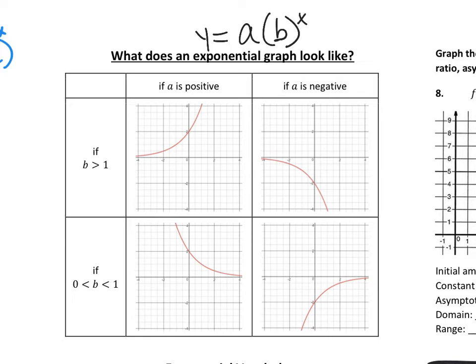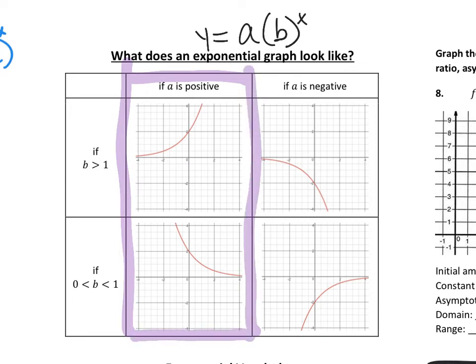2 of them are more popular than the other 2. These first 2, where a is positive, are the ones you're going to see most often because they actually happen in real life. The other 2 are a possibility, so we're still going to talk about them, but they won't happen as often in real life. What we need to know is, if the a is positive, what was the a value? What did it stand for?